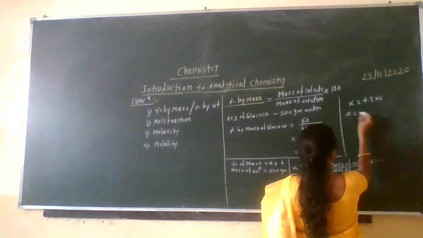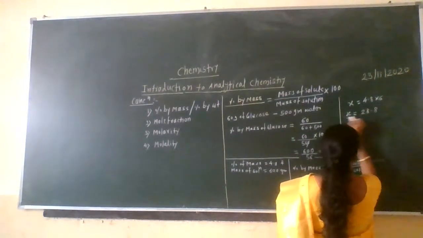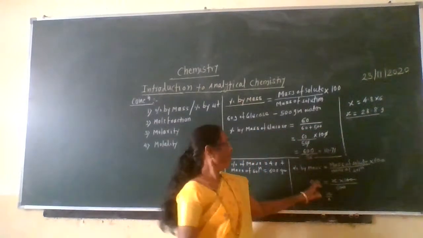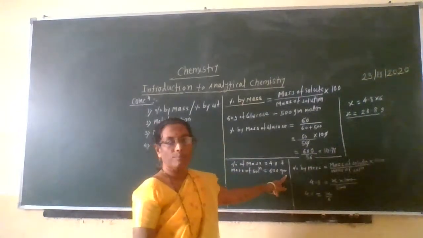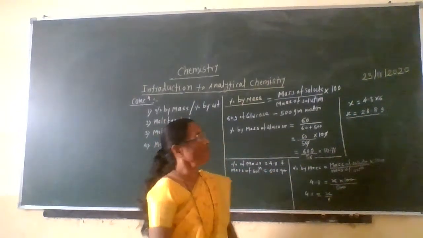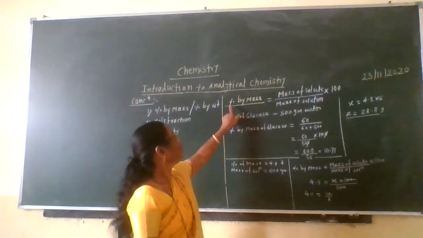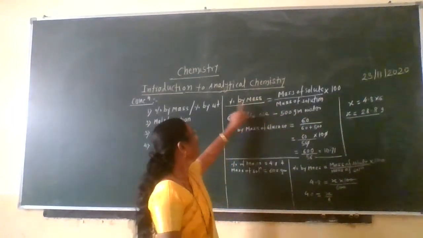Solving this we get 28.8 gram of solute present in the given 60 gram of solution. In this way, you can calculate percentage by mass by using this formula.